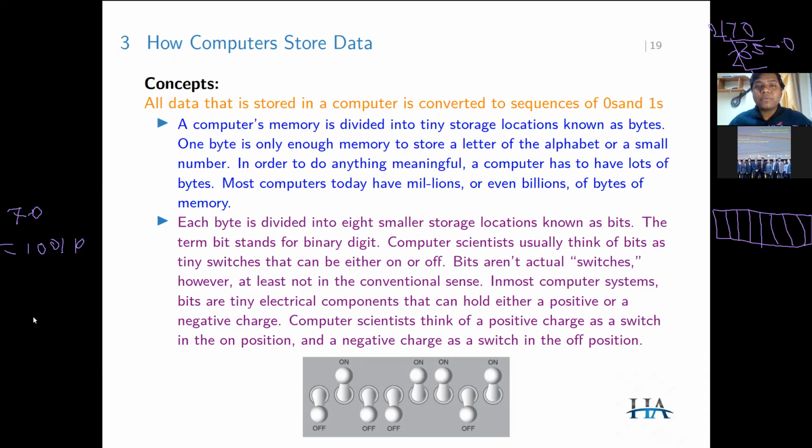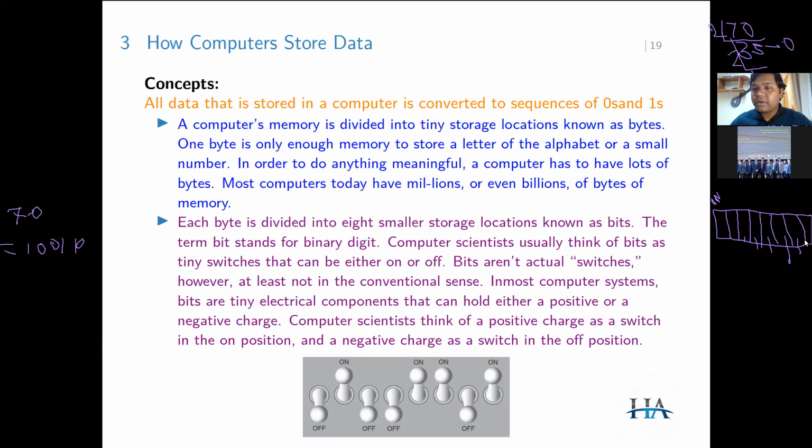Now we can think in terms of switches. A 1 means the switch will be on. Next is 0, so this switch will be off, then on, off.